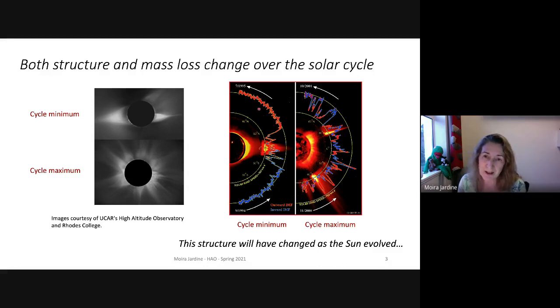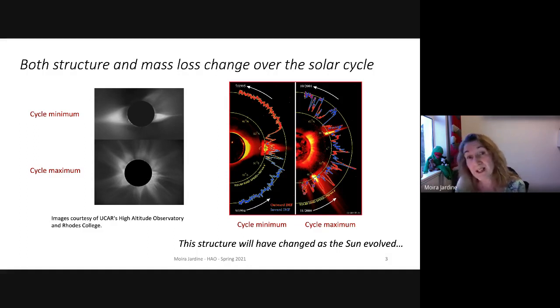This inner contour here is about 300 kilometers a second, and we see that over the closed field regions on the sun, close to the equator, we have the slow wind, and the fast wind, which is slightly more than twice the speed, is emerging from the polar regions. And the colors here just denote whether the sun's magnetic field is outward pointing or inward pointing.